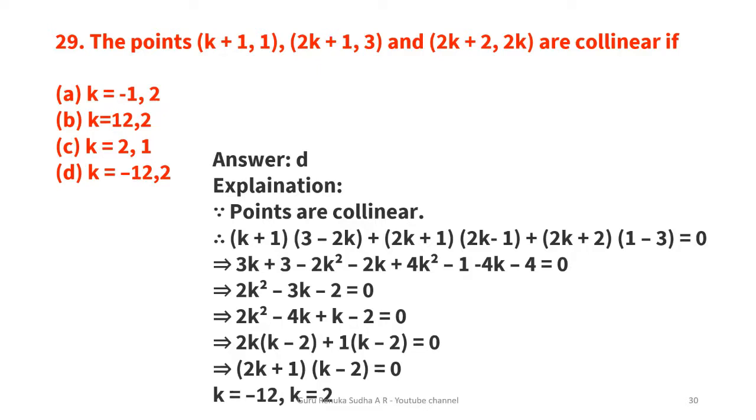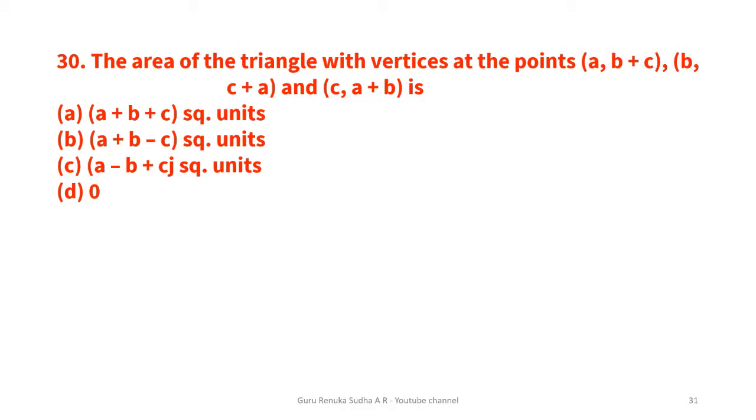Here, see, if the points are collinear, you can apply it like this: x1, see here, k plus 1, 3 minus 2k, and then 2k plus 1, and then 2k minus 1, like that you can get the answer. The area of the triangle with vertices at the points A comma B plus C, B comma C plus A, and C comma A plus B is what you have to calculate.